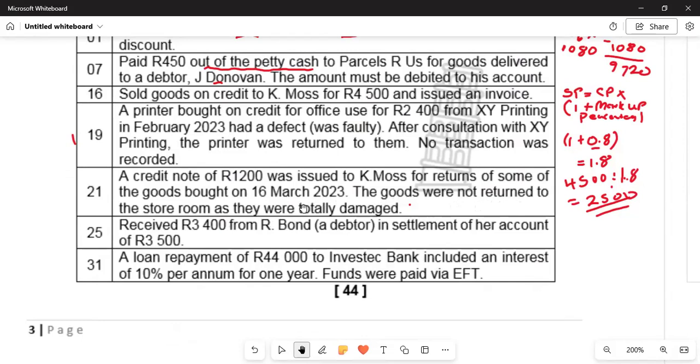As we are told that some of the goods were returned, it means we are going to have debtors allowance. We are going to debit our debtors allowance, as debtors allowances are sales returns.